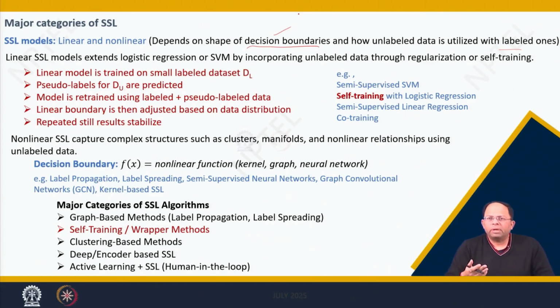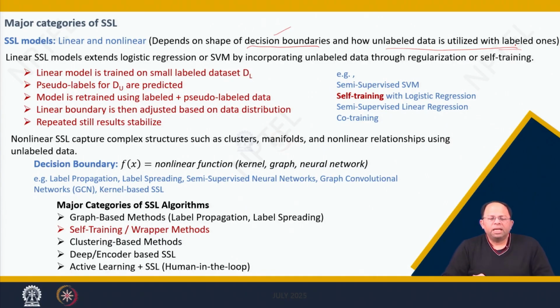If it's non-linear, it means that we cannot divide the data into two parts using a straight line. Similarly, how unlabeled data is utilized with the labeled ones also determines whether we are going for a linear or a non-linear process.